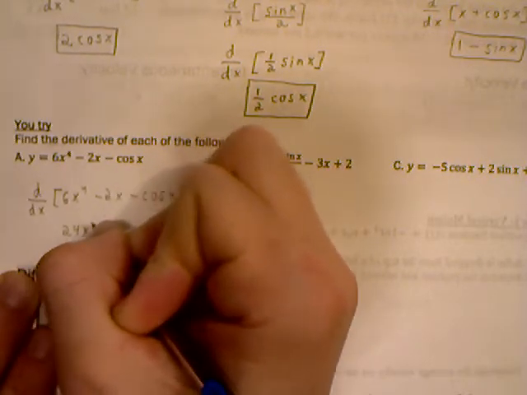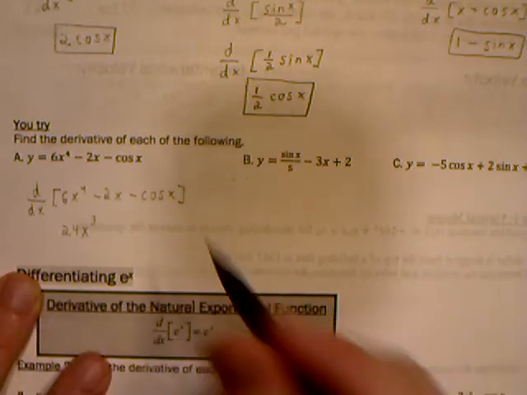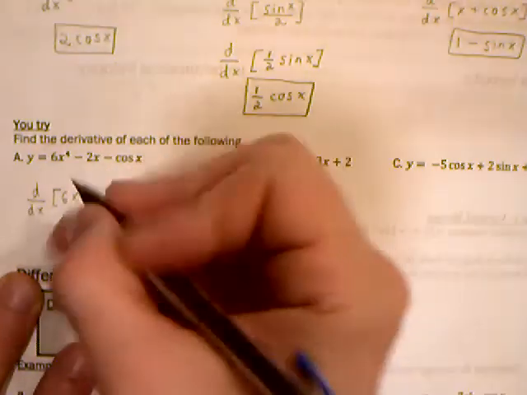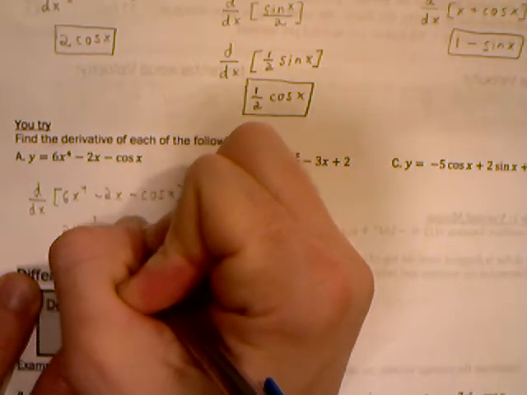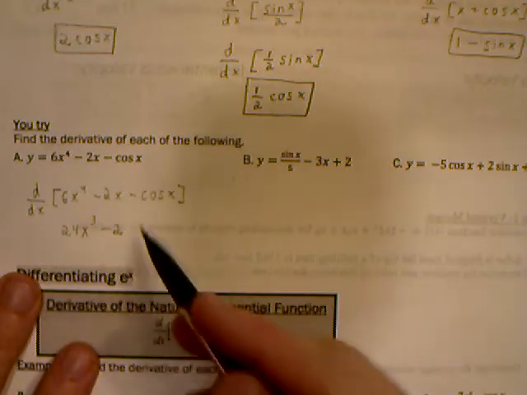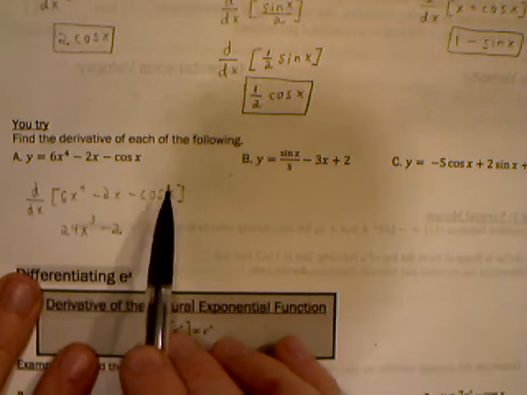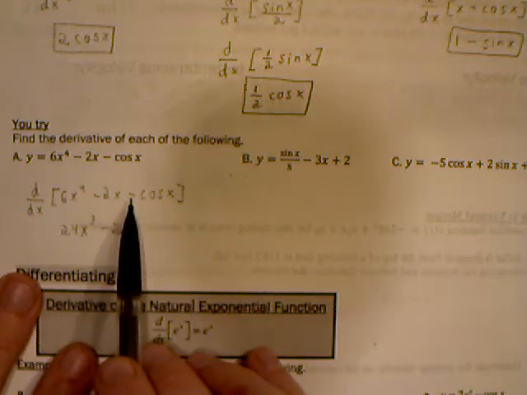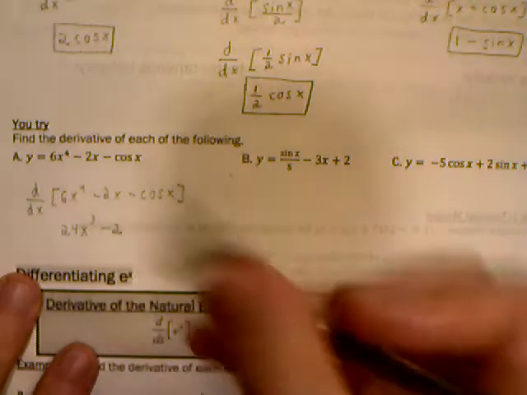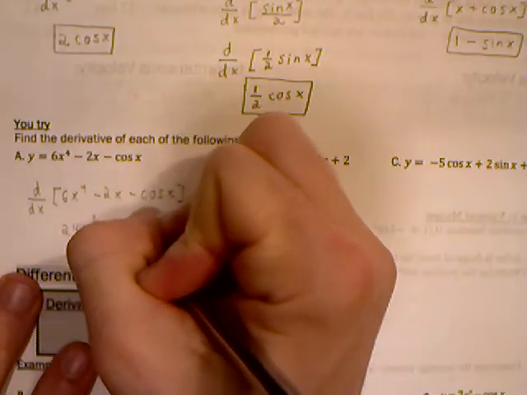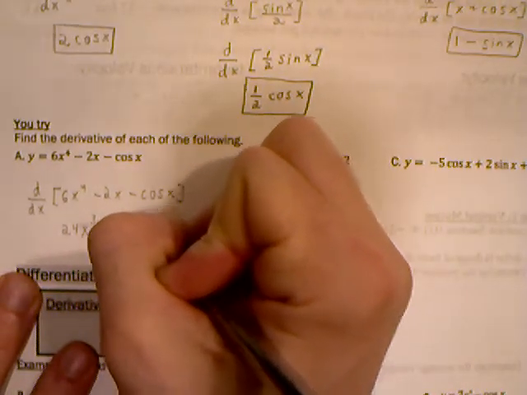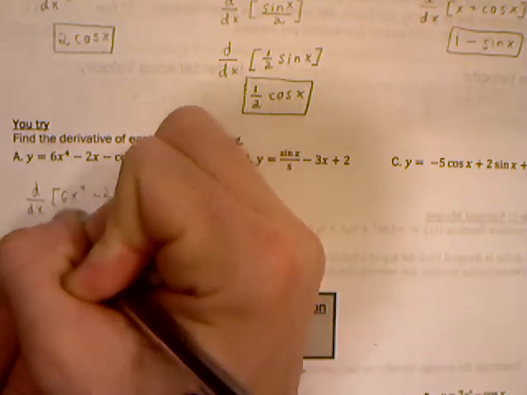Subtract the exponent by 1, x to the 3rd. The derivative of negative 2x is just negative 2, because the derivative of x is 1. Now the derivative of cosine x is negative sine x, but I have this other negative that I have here. So this will become plus sine of x.